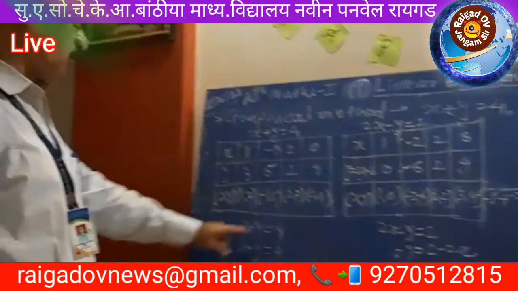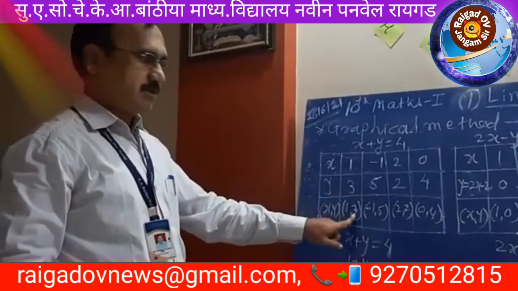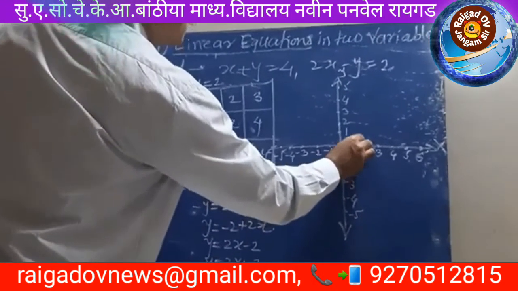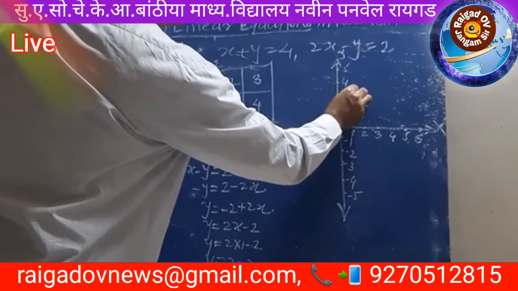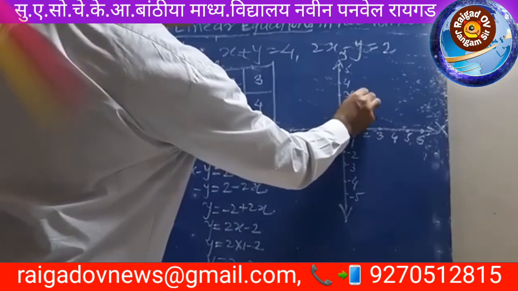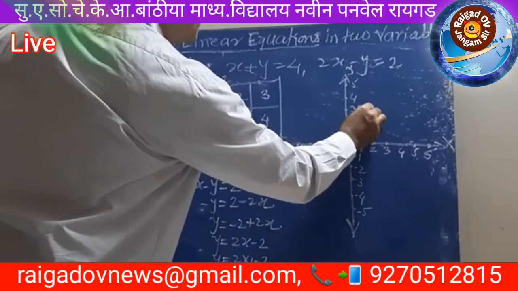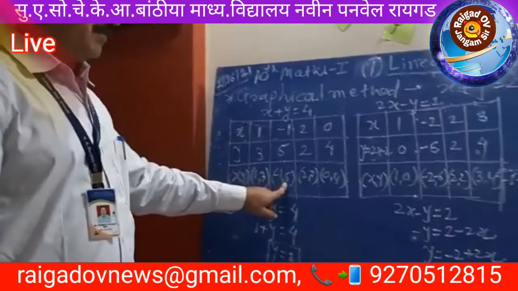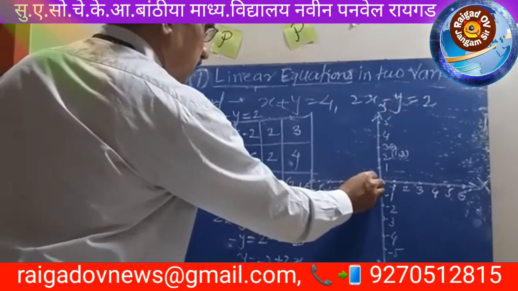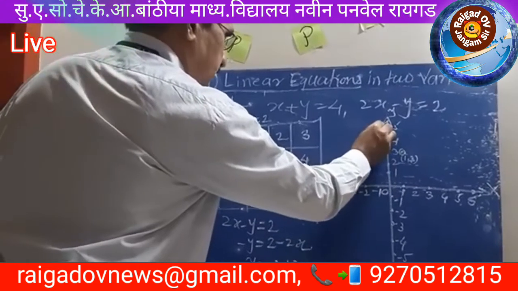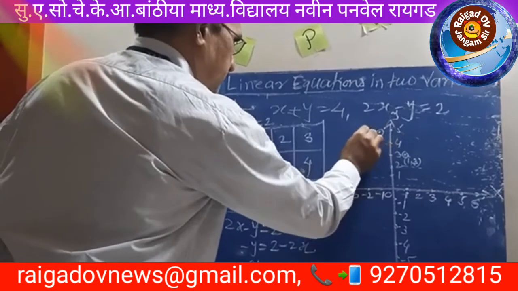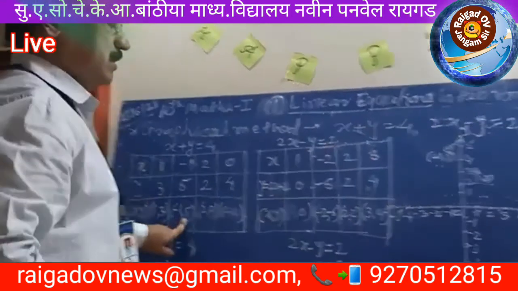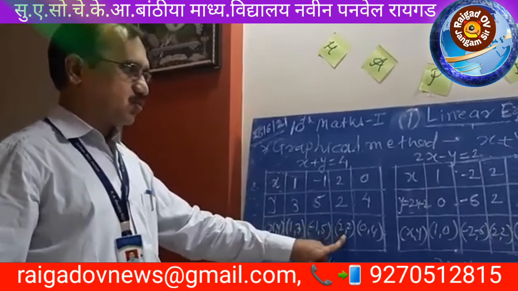Now we have to plot these points. (1, 3). This is in first quadrant. Both are positive numbers. Here is (1, 3). Try to understand. Then (minus 1, 5). Here is minus 1 and y coordinate is 5. That means here is (minus 1, 5). Try to understand these points. (2, 2).